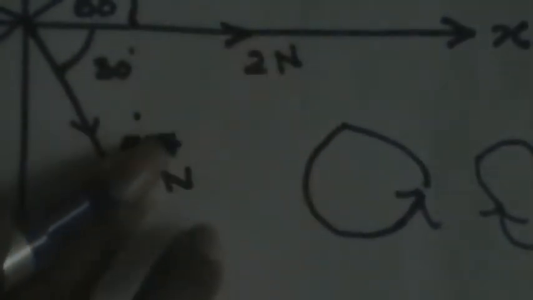And for this 4 newton force, this angle is 30 degrees, so the horizontal component is 4 cos 30. Cos 30 is root 3 by 2, so 4 cos 30 is 2 root 3. It is in the positive direction, because we are taking the positive direction along this side, so we have to add that. So that will be plus 2 root 3.